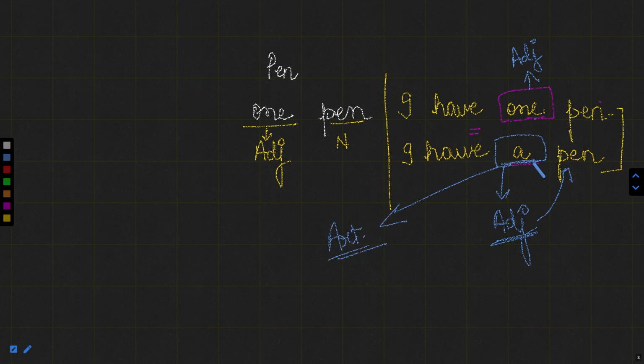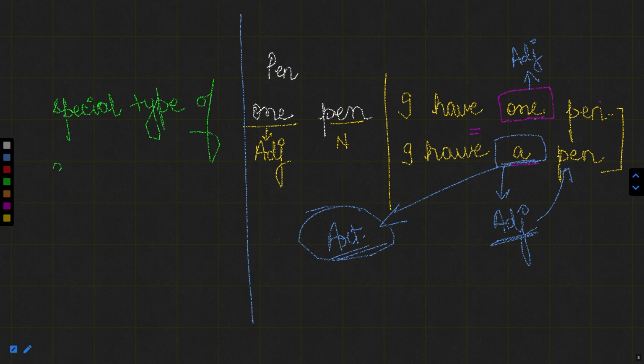Now you can say that an article is a special type of adjective. To define article, we can say that an article is actually a special type of adjective. So from here we can infer that articles are actually special types of adjectives, just like adjectives, or some special type of adjectives.